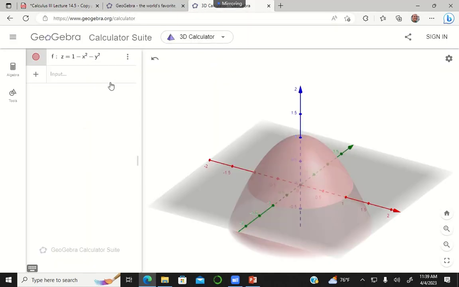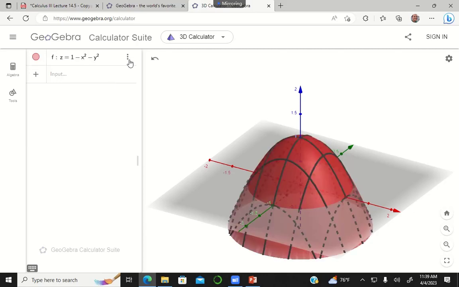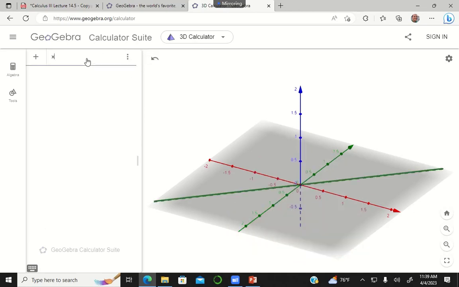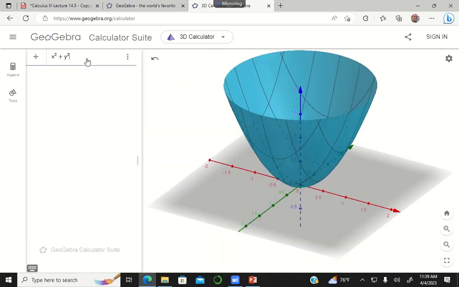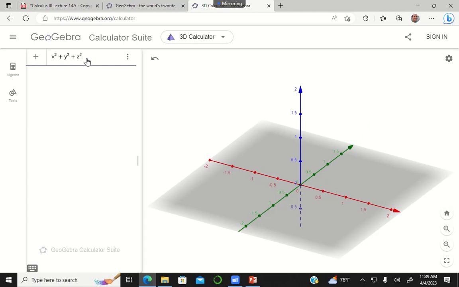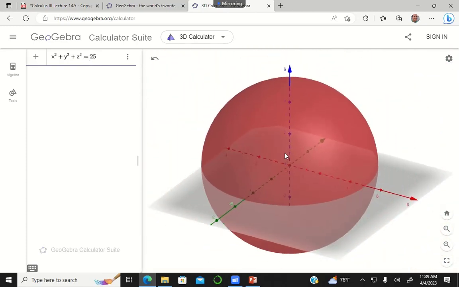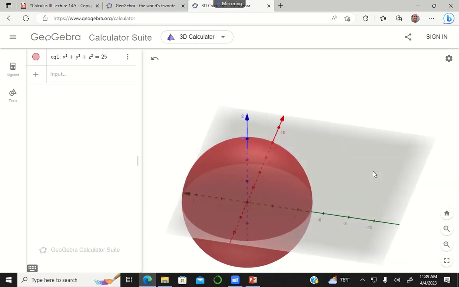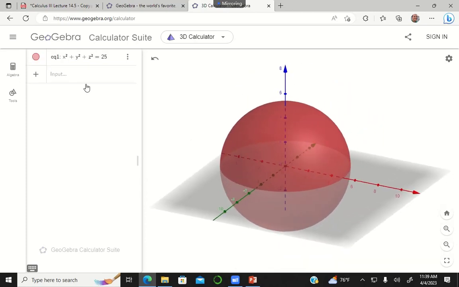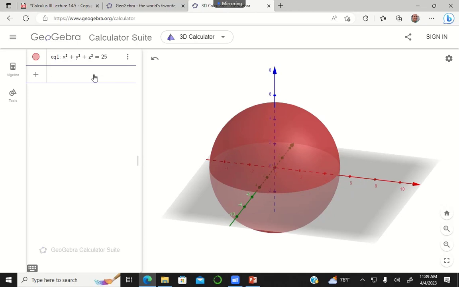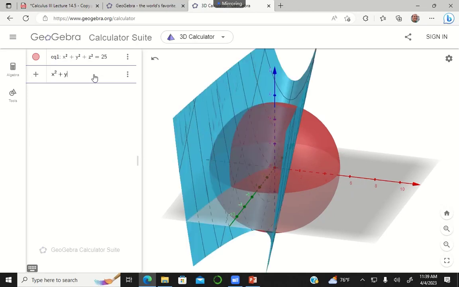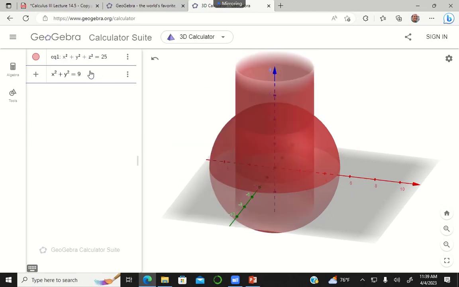Maybe you can visualize it really quick. So, what if I type, let's get rid of that, x squared plus y squared plus z squared is equal to 25. That gives me the sphere with radius 5 centered at the origin. And then if I want a cylinder with radius 3, I would write x squared plus y squared is equal to 9, right?